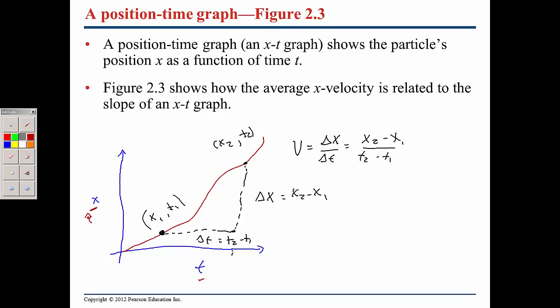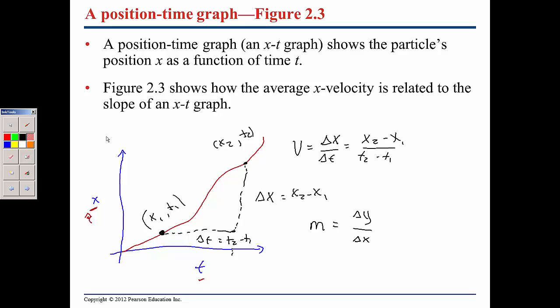So what this is also saying is, if you think back to your days of algebra, we know that the slope of a line is going to be the rise over the run, or typically the change in y divided by the change in x.